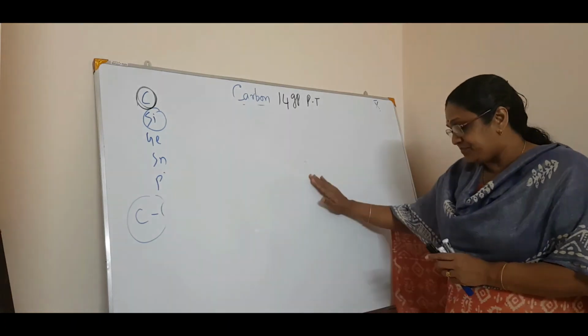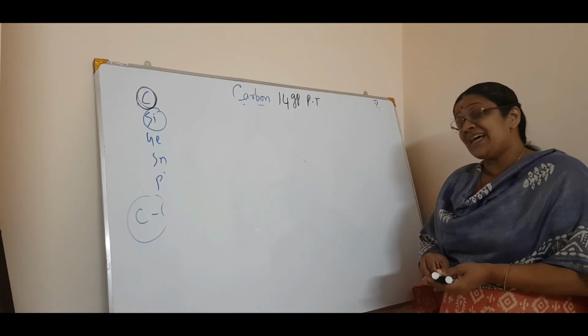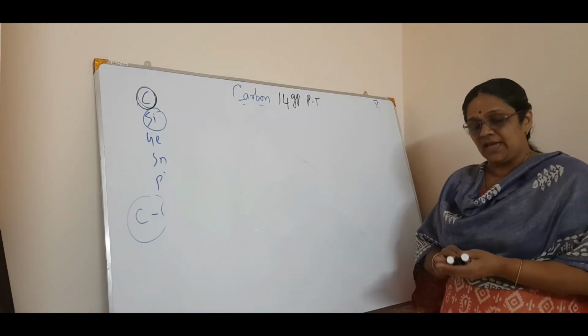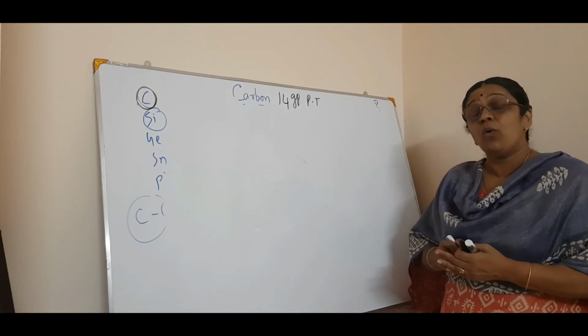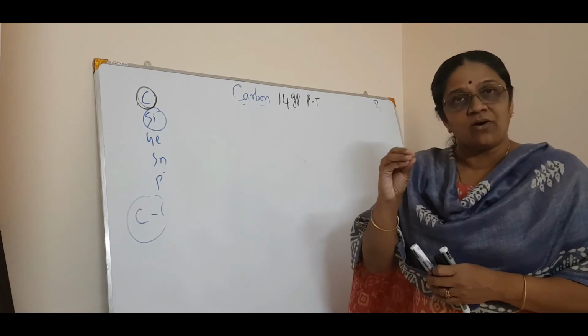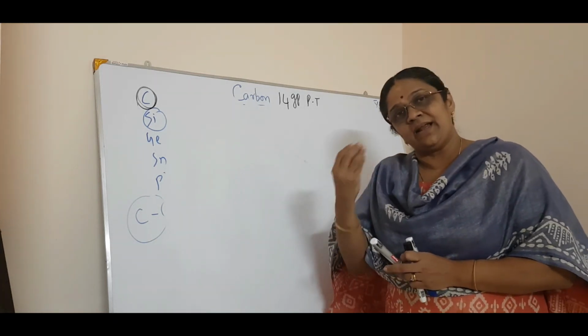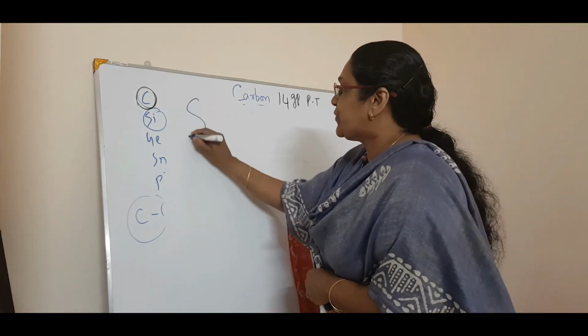Now we will see something more about saturated compound and unsaturated compound. Just we will see one today, that is saturated compound. How will you draw the structure or an electron dot structure of a saturated compound and an unsaturated compound? Now we will see first saturated compound.